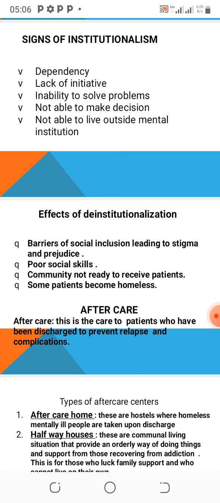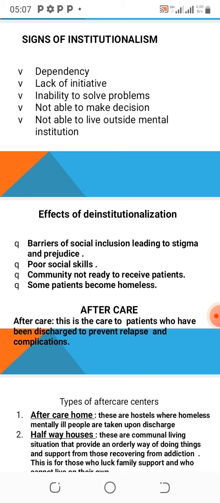The community may not be ready to receive these patients because they believe these patients were a problem before they left. So when they come back, they'll continue being the problem. Some patients may become homeless, having nowhere to stay.